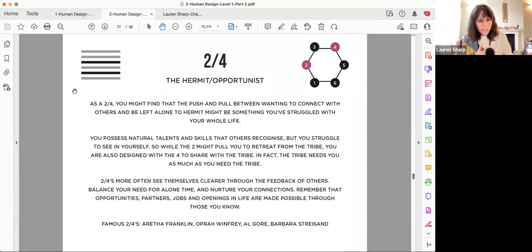If you are a 2-4, when people give you feedback, it's very important, because that feedback is reflecting aspects that you're good at, where your skills lie. So just stop for a moment and listen to what that feedback is, because if it's continuous, there's a hint for you in terms of where your actual genius, your ultimate path, is leading you.